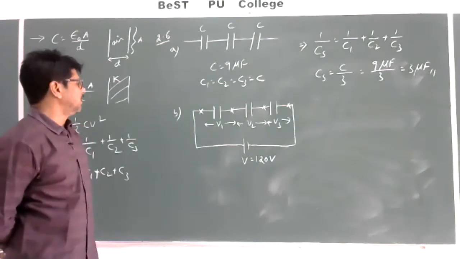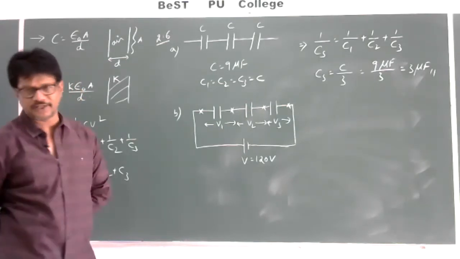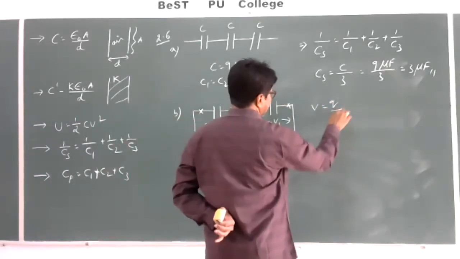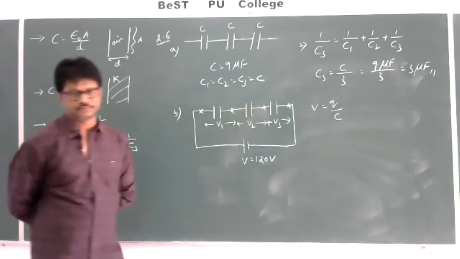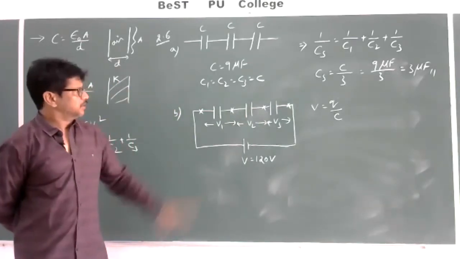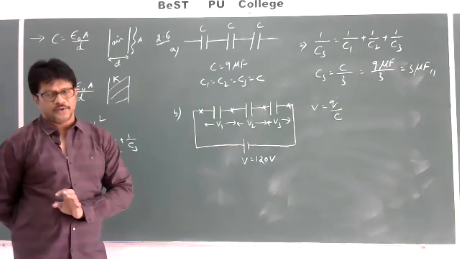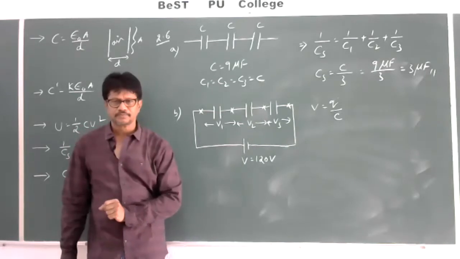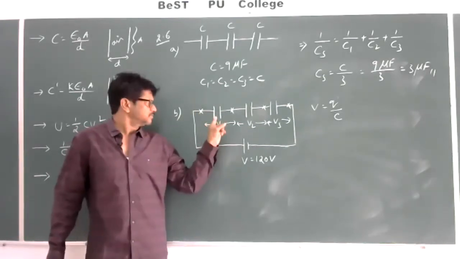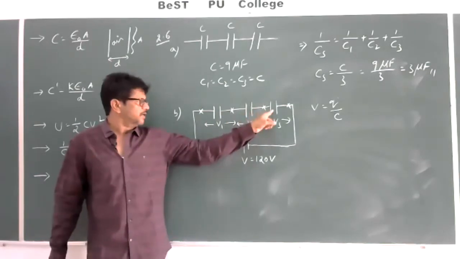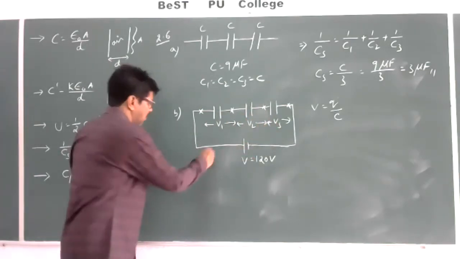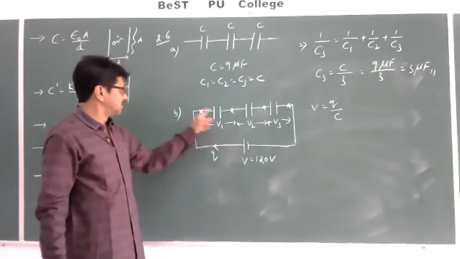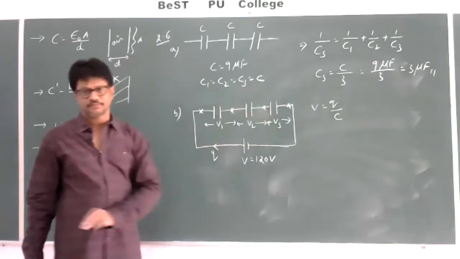The formula to find the potential difference, V, is V is equal to Q by C. If you observe this diagram clearly, because of the series combination, the same charge will flow.